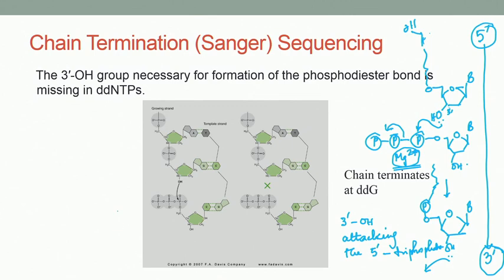Sanger thought that suppose one of these deoxynucleoside triphosphates does not have this OH. Then what will happen? If this is incorporated in the chain, then the chain will stop here, will truncate, because that nucleophilic OH is absent here.